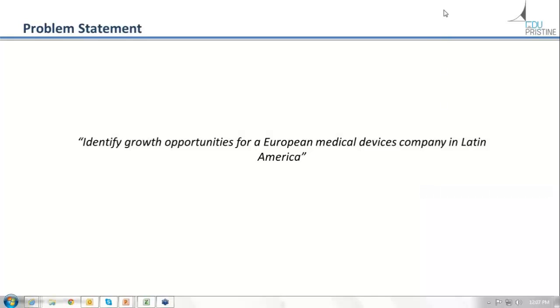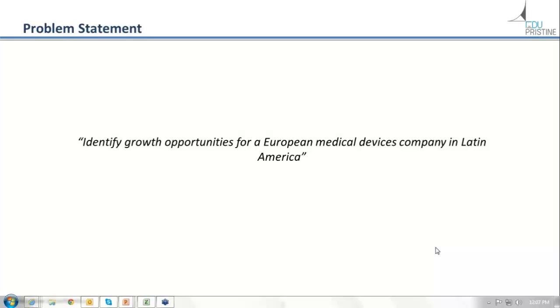So the overall problem statement for us was to identify growth opportunities for this client in Latin America. And just bear with me, we're going to finally get into how and where financial modeling fits in.